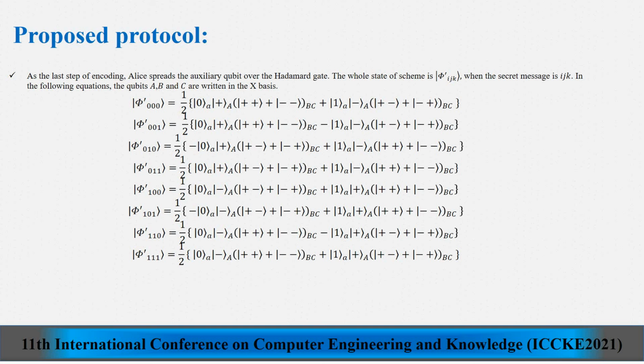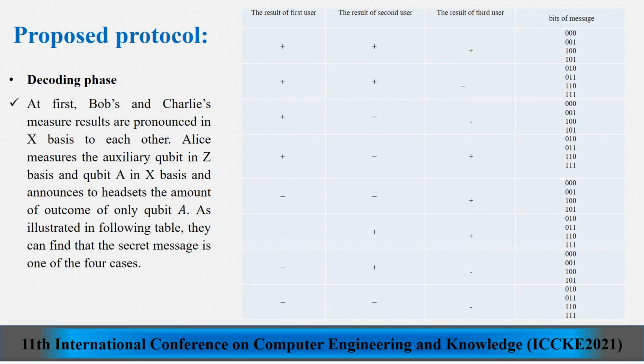Also, the qubits A, B, C are written in X bases. In the decoding phase, Bob and Charlie measure in X bases and announce the results to each other. Alice measures the auxiliary qubit in the Z basis and qubit A in the X basis and announces the results to the receivers, as shown in the following table.